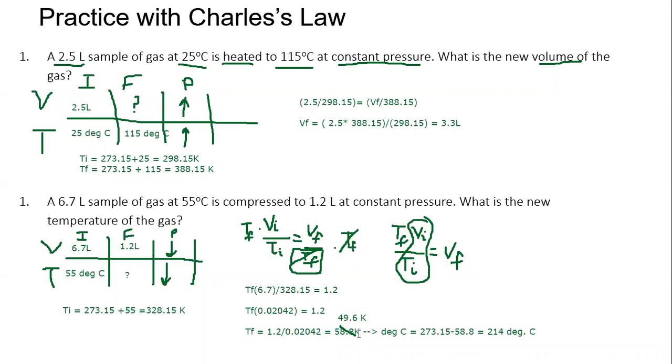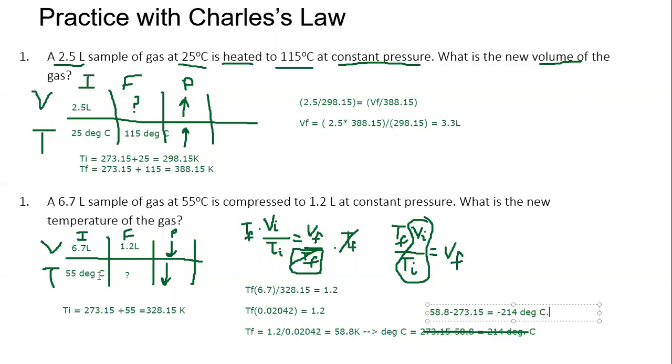Okay. Backwards, 58.8 minus 273.15. And we get negative 214. That makes better sense. So you notice it's less than our initial temperature. So as we decrease the volume, the temperature also decreases.